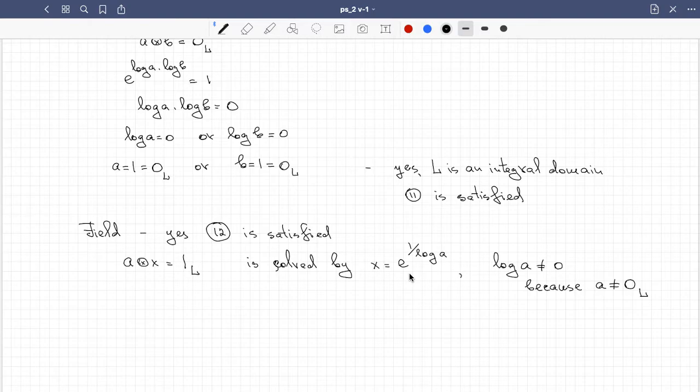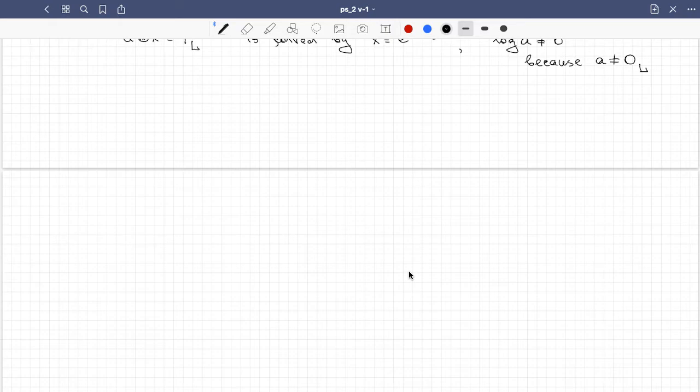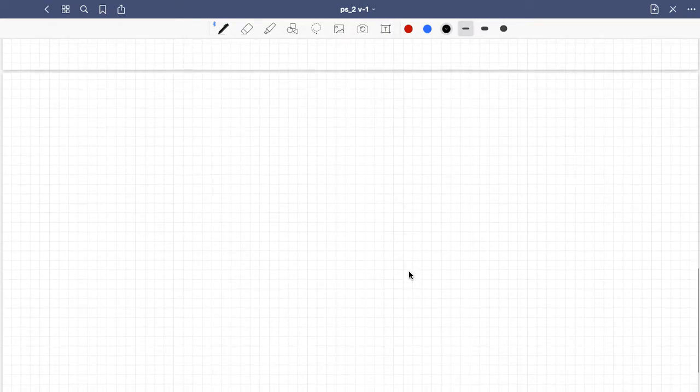Another way to approach this problem, the way which I just showed you, comes from section 3.1. Now, I will show you how you can approach this same problem from the point of view of section 3.3.